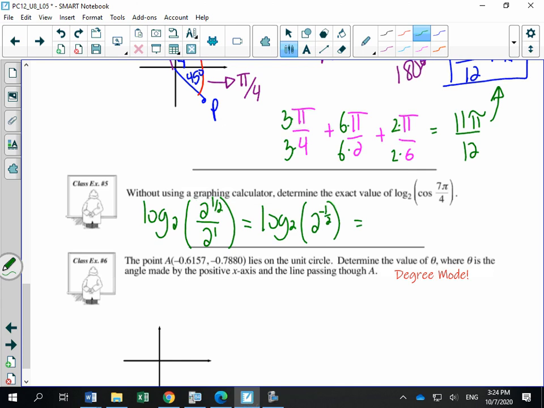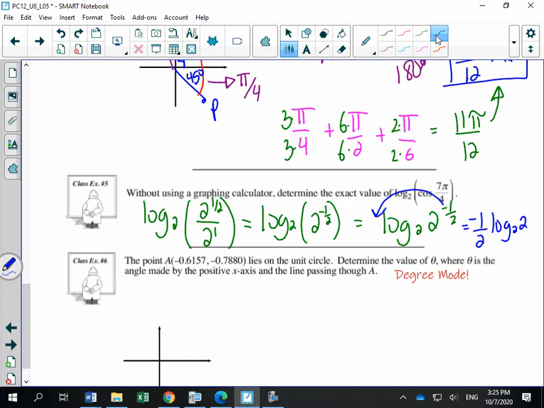So what we have now is log base 2 of 2 to the negative 1/2. Use your power law to bring this to the front, and we would have negative 1/2 times log base 2 of 2.